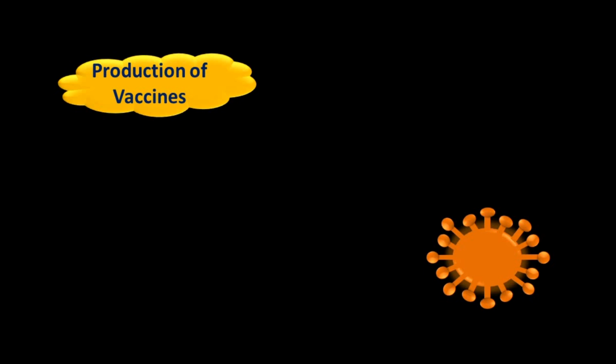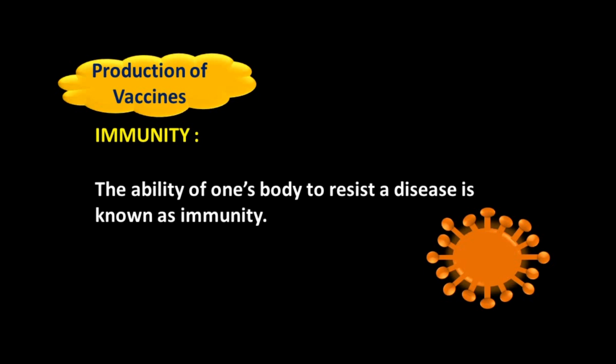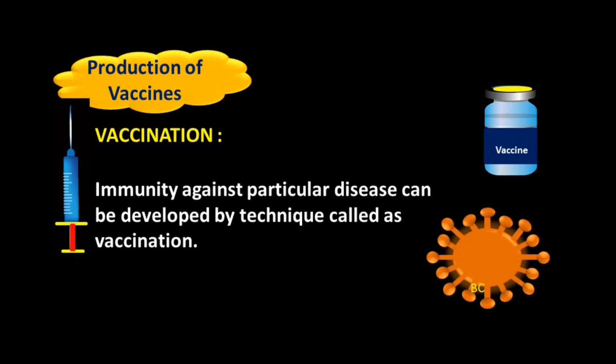Microorganisms are also useful for the production of vaccines. What is immunity? The ability of one's body to resist a disease is known as immunity. Production of vaccines. Vaccination. Immunity against a particular disease can be developed by a technique called vaccination.